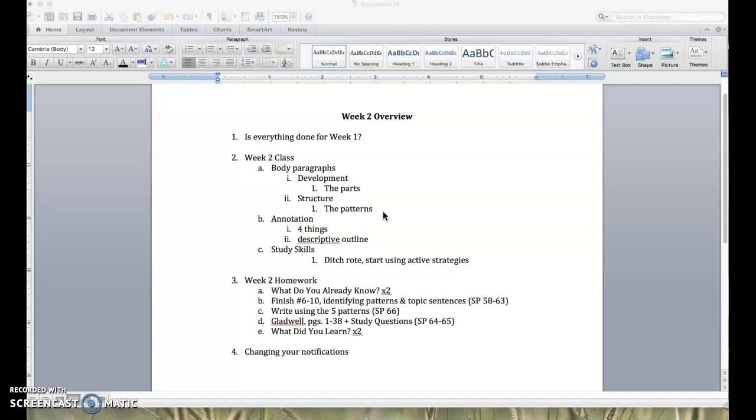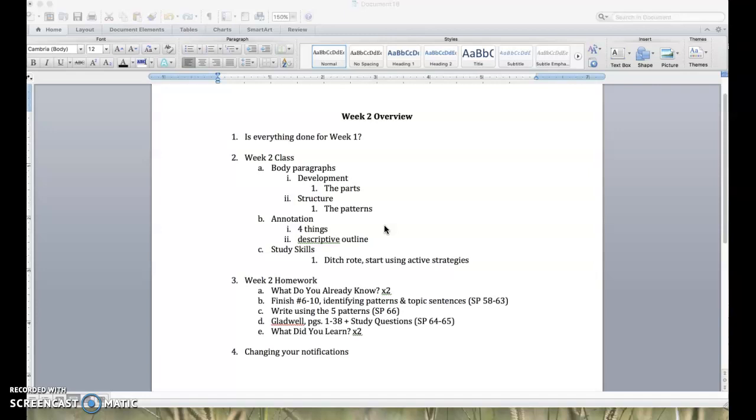A second thing we talked about was annotation. We talked about things that you should do when you annotate, which came directly from the lesson in your supplemental packet. And then we also talked about how to do a descriptive outline, where you're explaining the function of paragraphs, what the paragraph contributes to the overall reading. So is the paragraph an introduction? Does it give you background information?